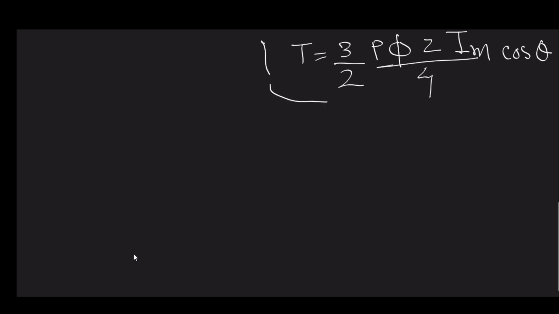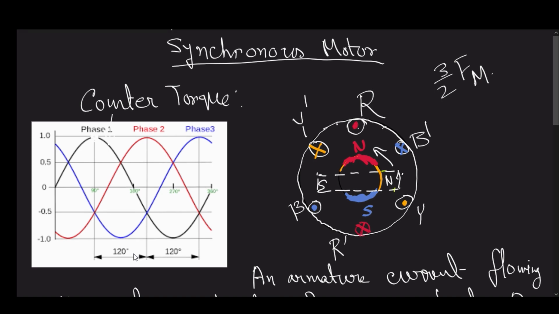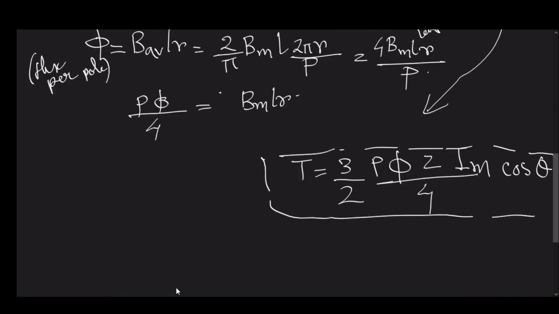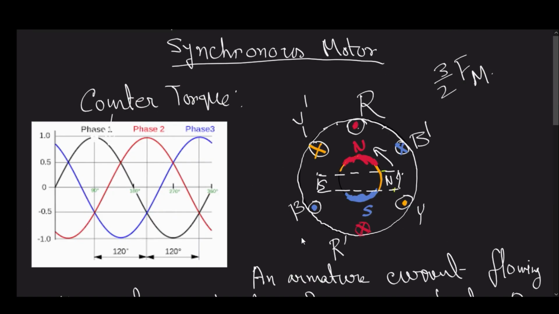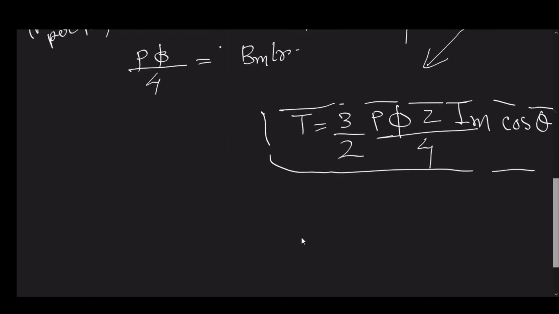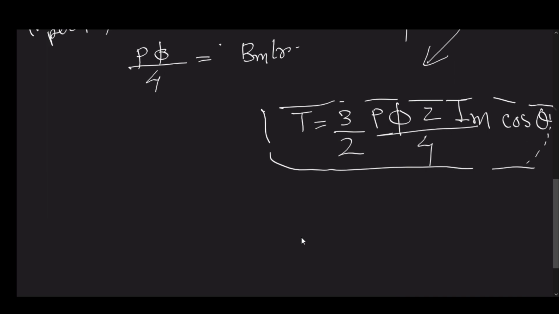This is the amount of counter torque. Clearly for theta equal to 90 degrees, your torque will become 0. Right. Counter torque becomes 0.